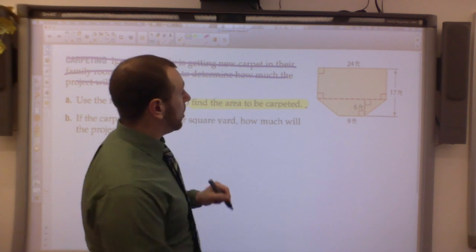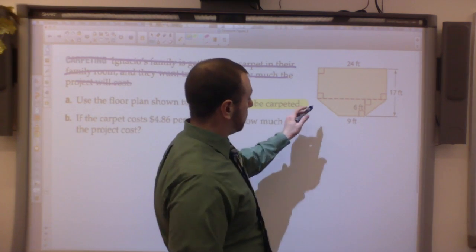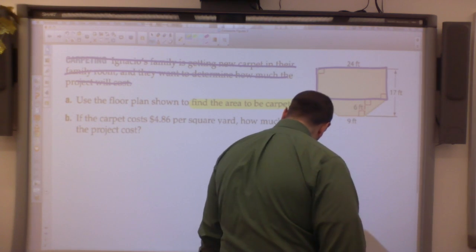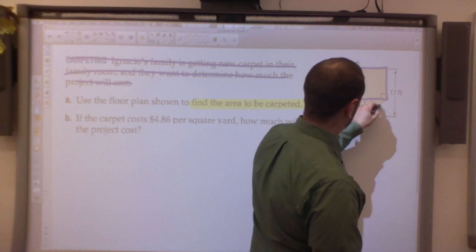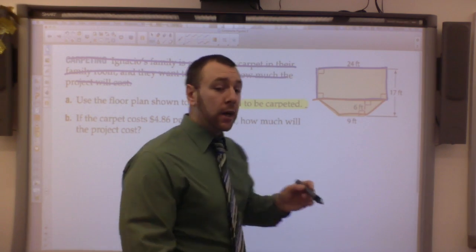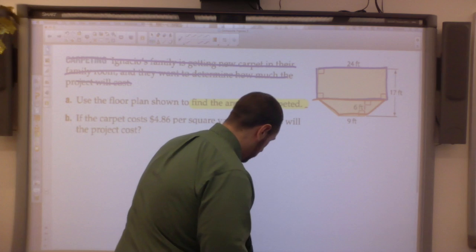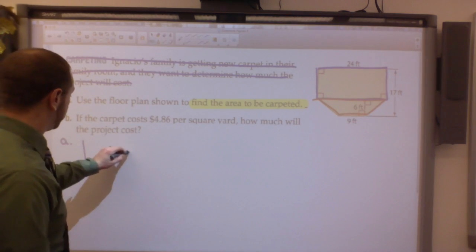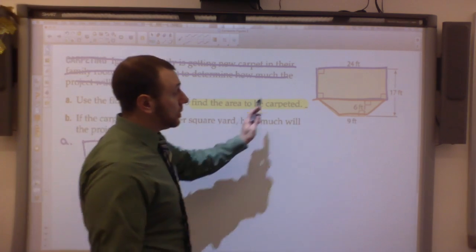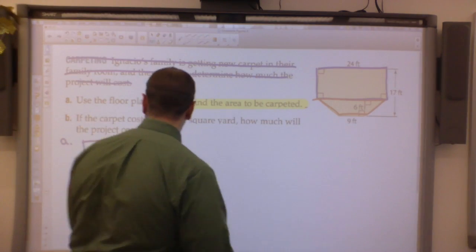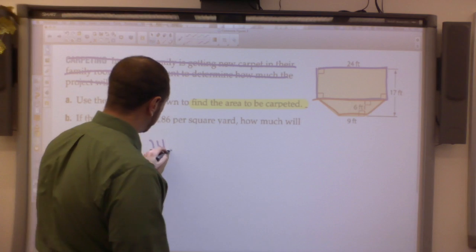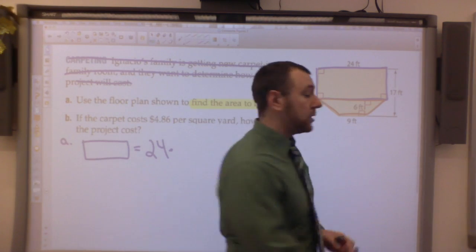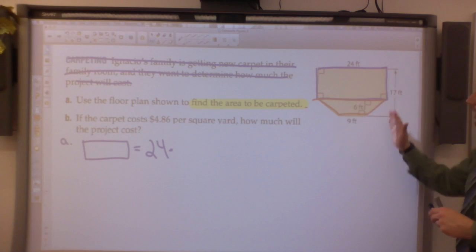Okay, so I'm going to break this down. I see a rectangle, and I see a trapezoid. So let's find the area of the rectangle first. So for part A, I know 24 is my base. But what is my height of the figure? My height is determined by this vertical measurement here.